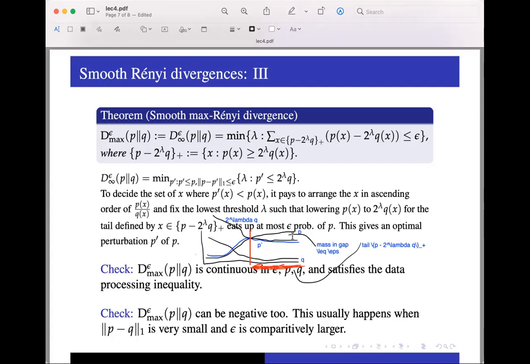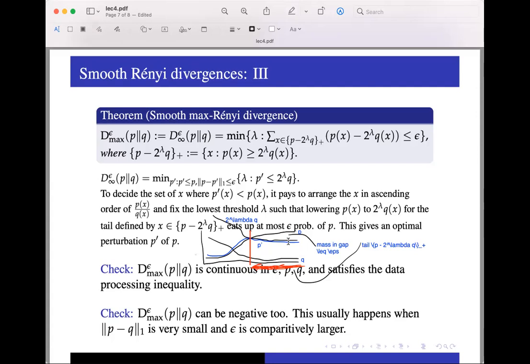A slight change in epsilon means a little bit more or less mass has gone in, which means this raised version of the curve Q need only be moved slightly. So this is a hand-wavy description of why D epsilon max is continuous in epsilon.